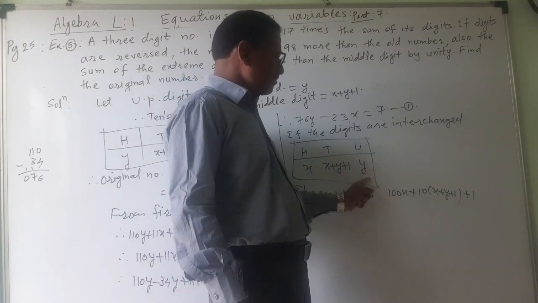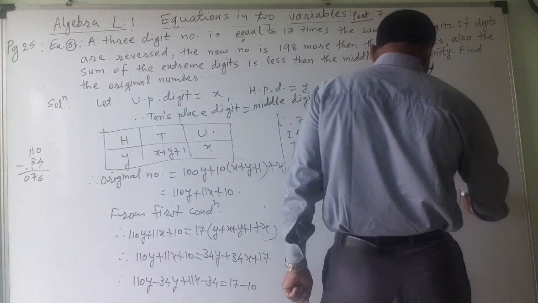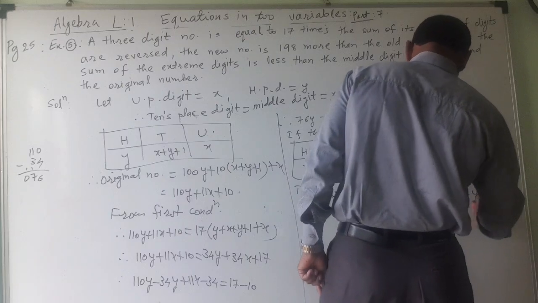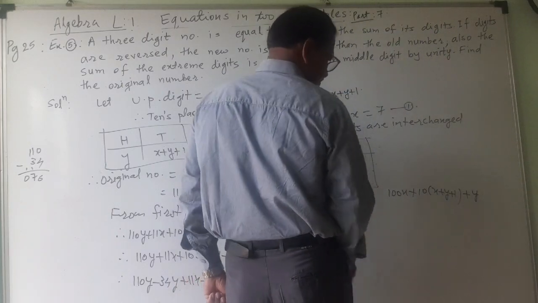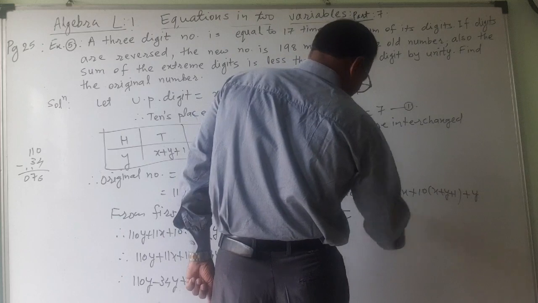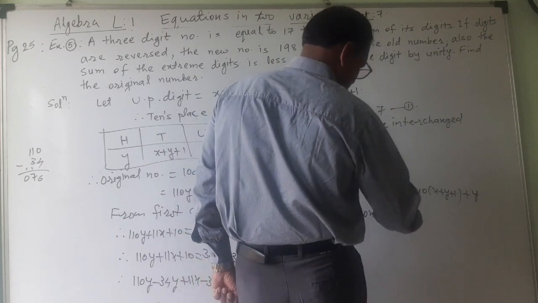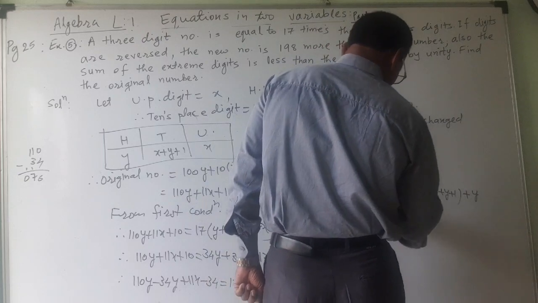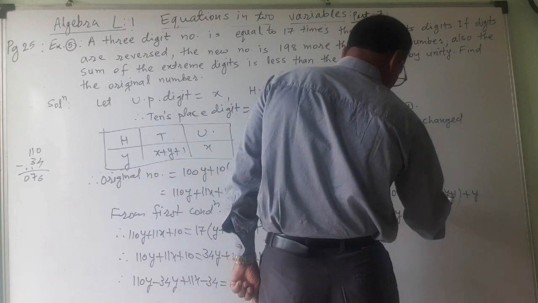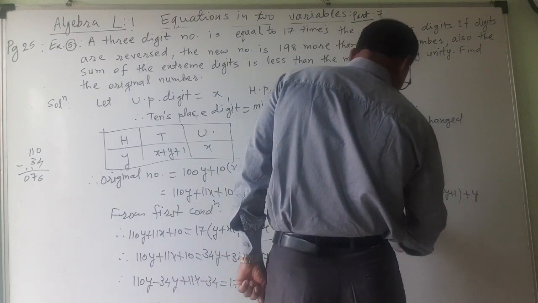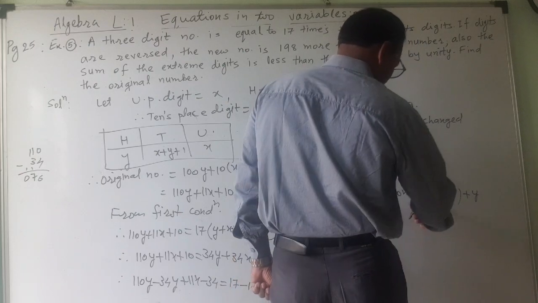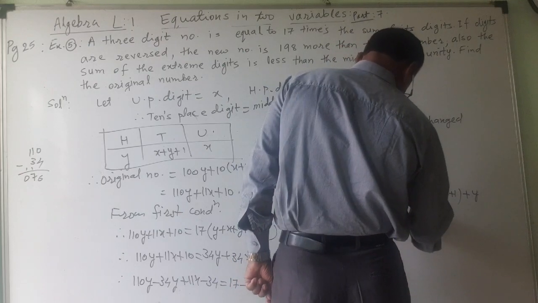And this is the unit place digit multiplied by 1, 1 into y, directly I will write y. That is equal to 110x plus 10y, and this y, directly I will write 11y, and plus this 10.